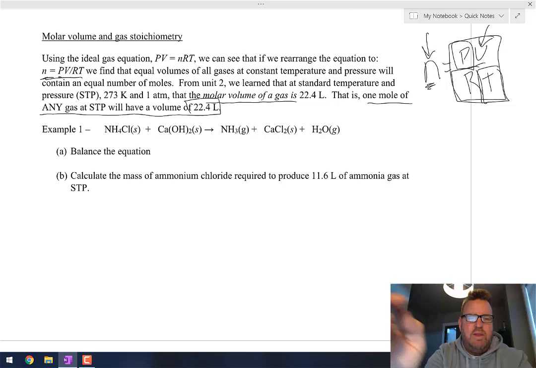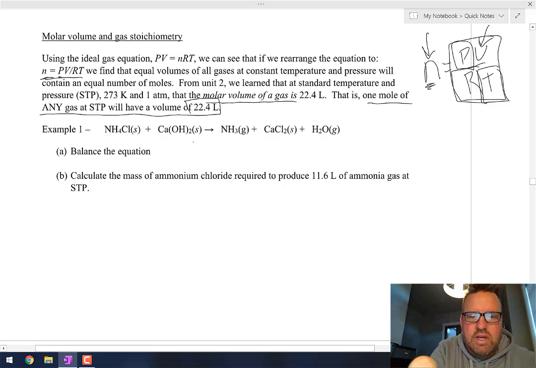So first of all, we need to balance the equation above. We've got a bunch of hydrogens all over the place, so I'm going to skip those. 1 nitrogen, 1 chlorine, 2 chlorine. So I'm going to put a 2 there, and that does now make 2 nitrogens, so I'm going to put a 2 there. 1 calcium, 2 oxygens, and here we only have 1 oxygen.